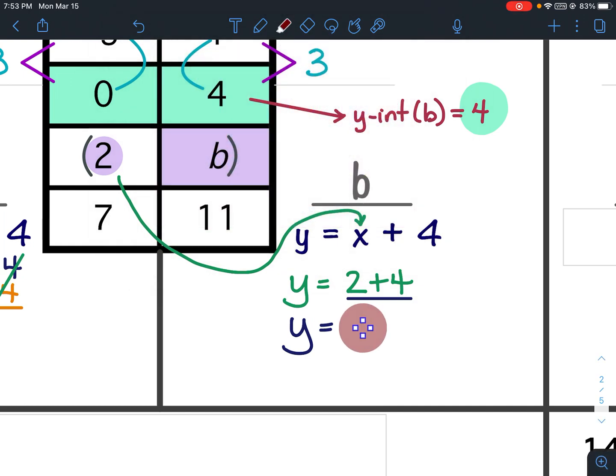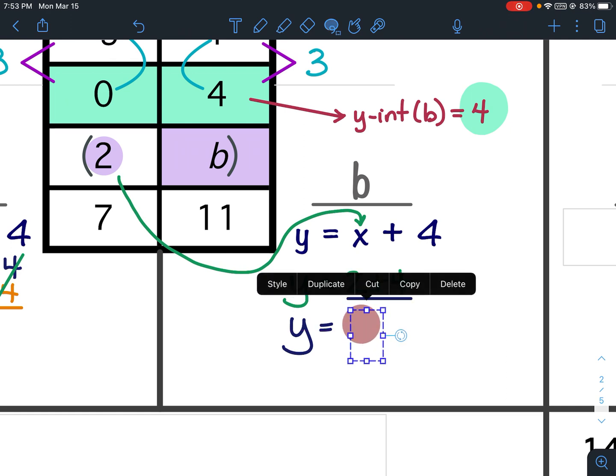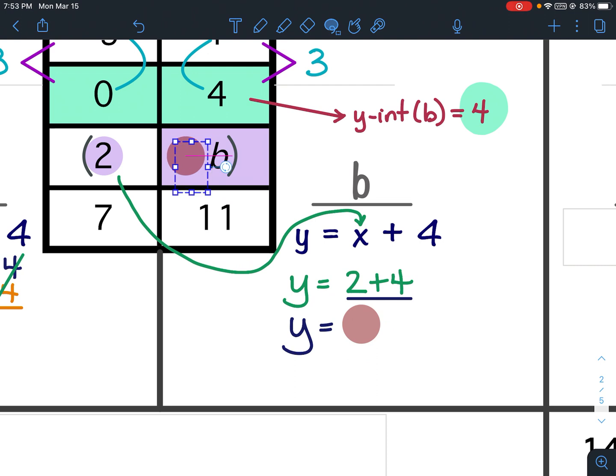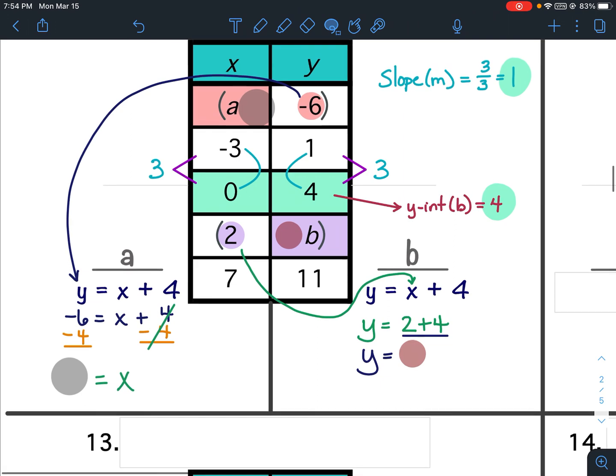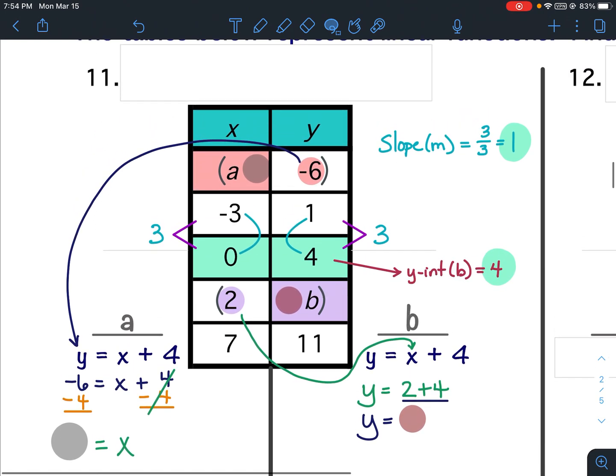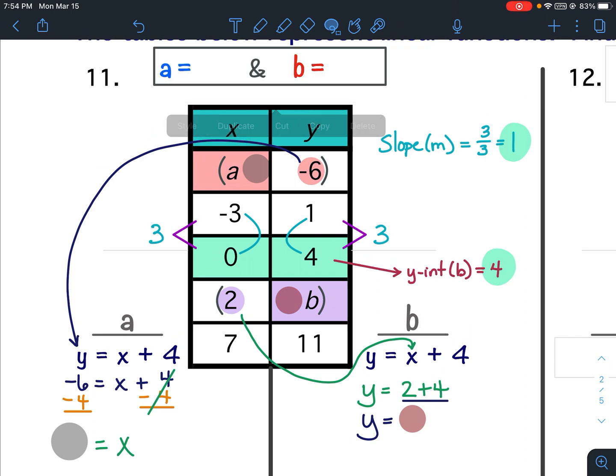Write it down here. Put it up here beside the B. All right, so your final answer then would go up here. Whatever you found for A, put that up there, and B.